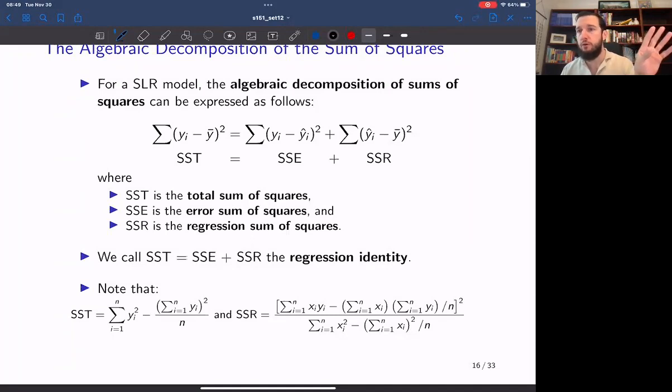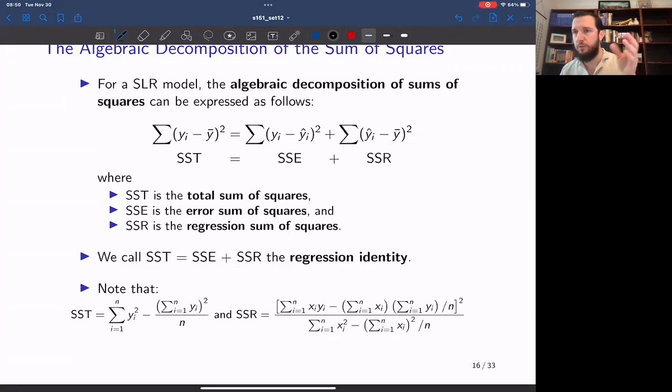So we can say total variation, which is actually the same thing as SYY, is equal to a sum of squares error term, which is the difference between the actual observed value of the response and the predicted value of the response, plus SSR, which we call SS regression. This is the difference between the predicted value of the response and the observed sample mean.